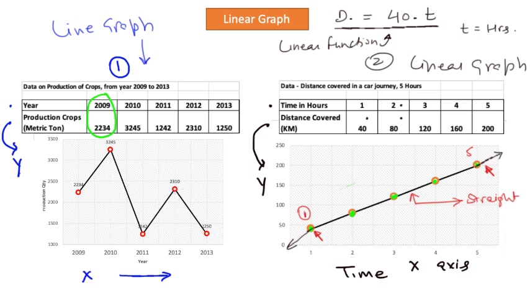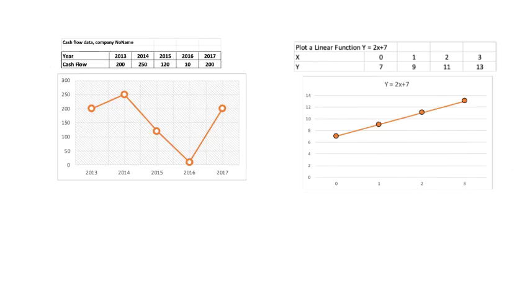So let us have a look at another example of the distinction between the line graph and a linear graph. So here is our other example, graph number 3, in which the time, which is the x variable, is in years from 2013 all the way up to 2017, and then we have the cash flow, the dollar value, and it is on the y-axis. Okay, so these are my x and y axes.